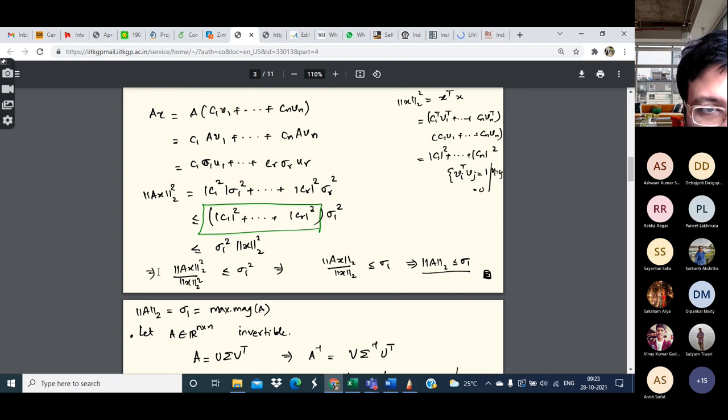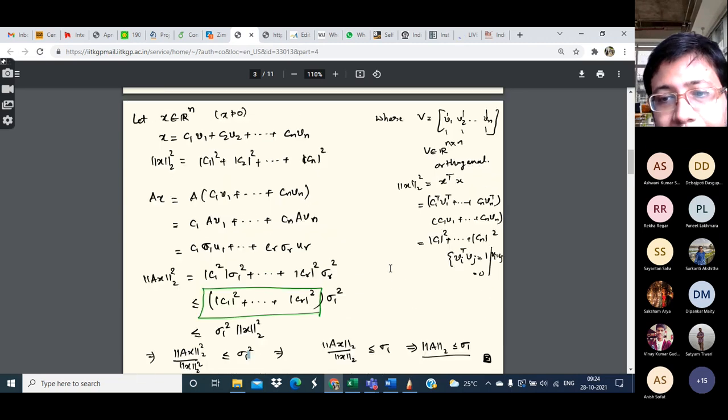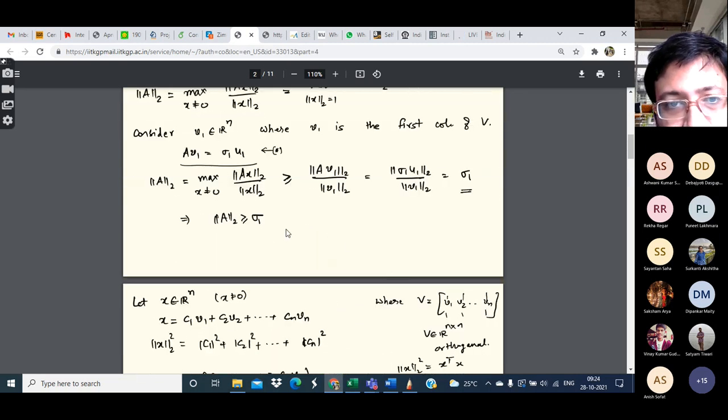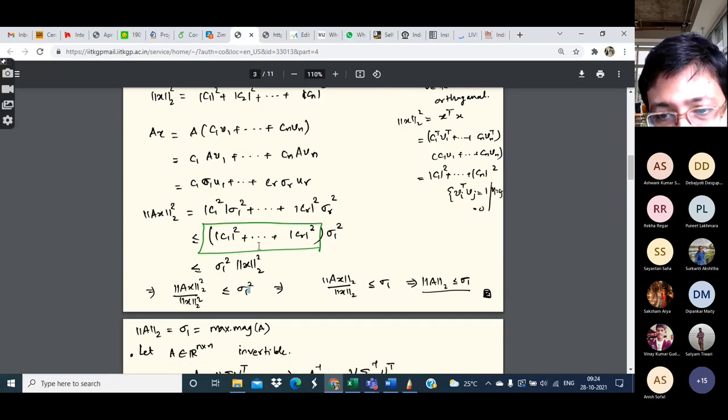So now I can just divide, and once you take the square roots on both sides, what we are left with is the L2 norm of Ax divided by the L2 norm of x is less than or equal to sigma 1, which is the first singular value of A. But of course if I take the max of this thing, then what I get is nothing but the operator norm.